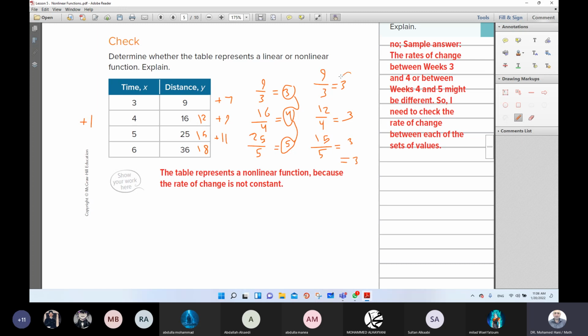So as you see here, you have the same value for the slope. Means you have constant rate of change. So in this case will be linear. But in the first case, as you see, we have different values for the slope. Means you have not constant rate of change. So the table represents a nonlinear function because the rate of change is not constant.